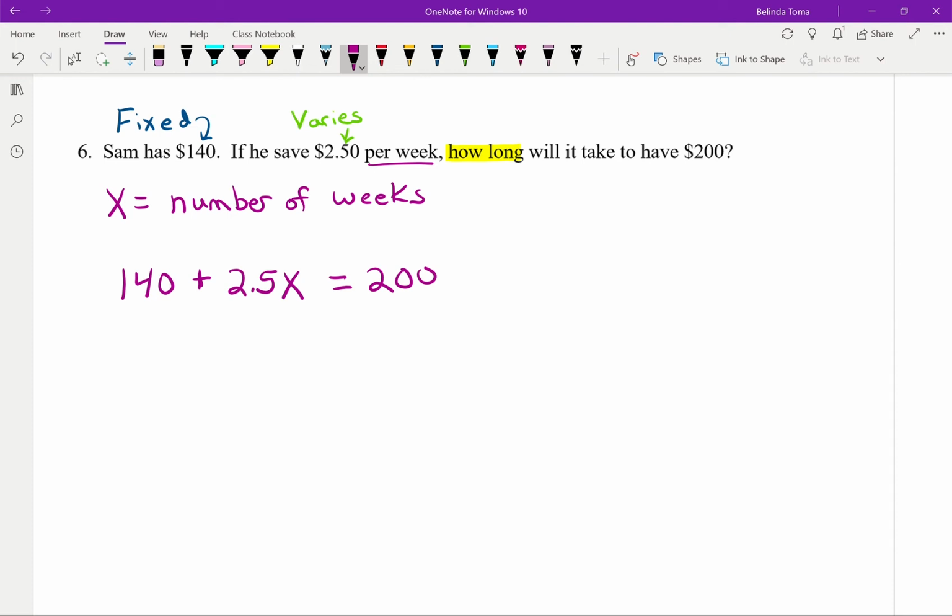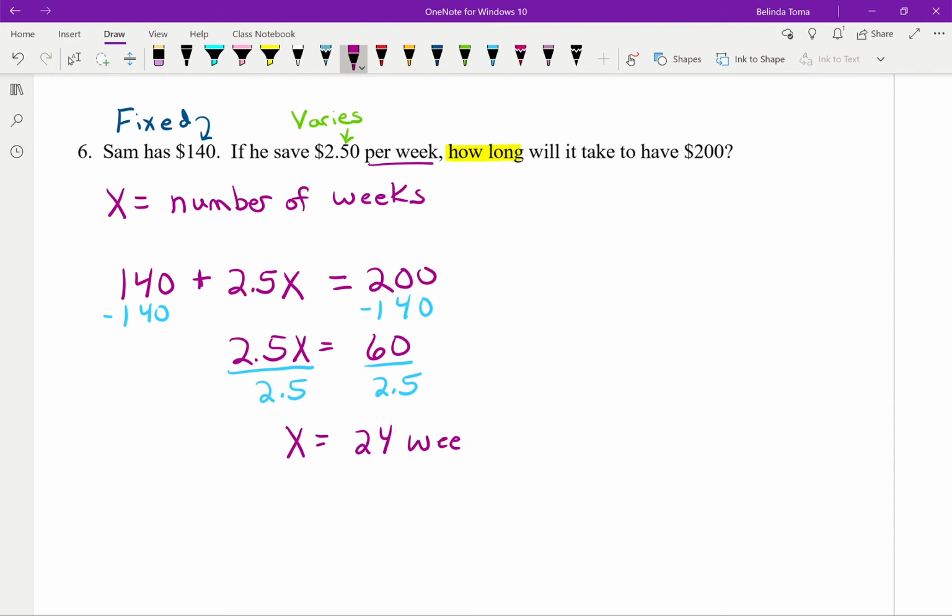All right, so now we're just going to go ahead and solve using our inverse operations. So we're subtracting 140. And again, you're going to take out your calculator probably for this, or we could convert it to a fraction. If we put in 60 divided by 2.5, we're actually going to get an integer, so it's going to come out nice.